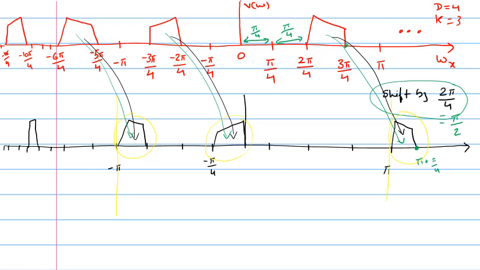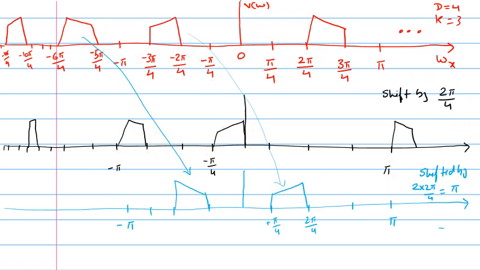Now we will shift it again by 2 into 2 pi by 4, that's equal to pi, which is also equal to 4 pi by 4. So 4 blocks will be shifted.